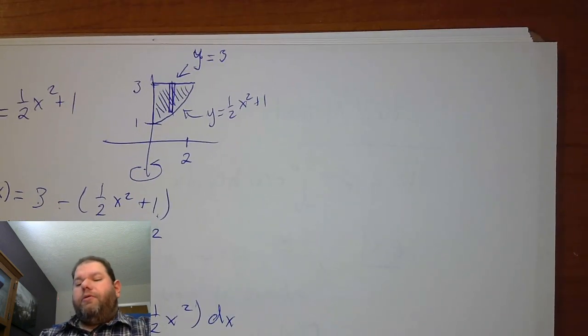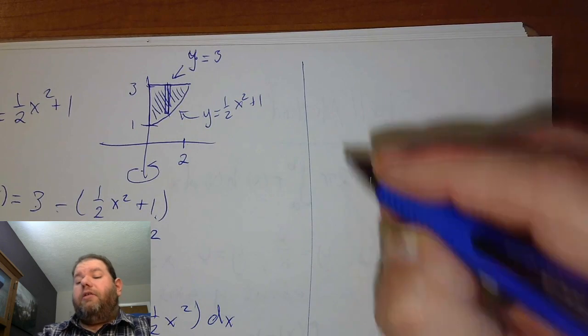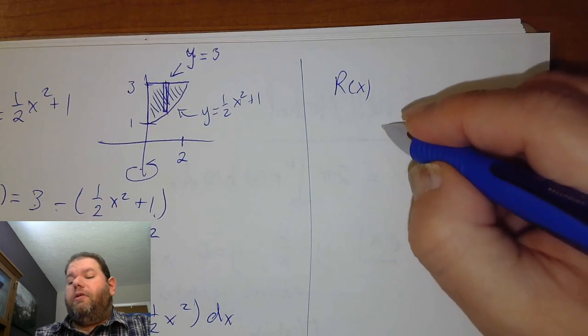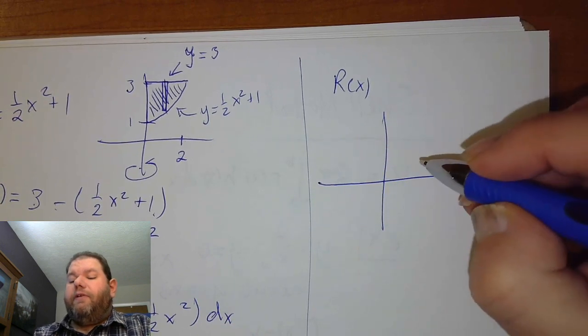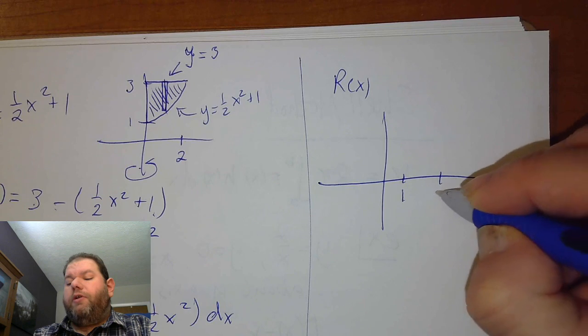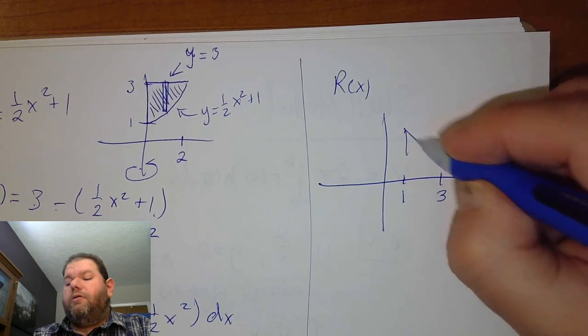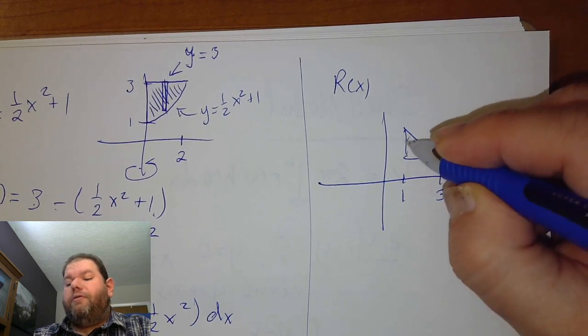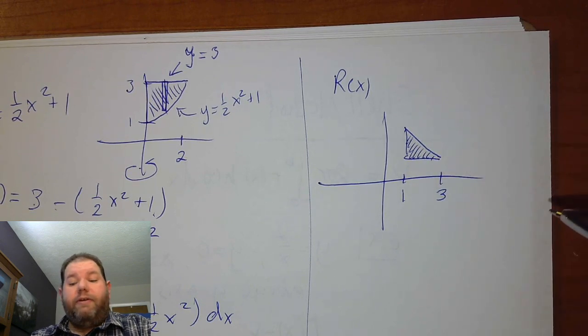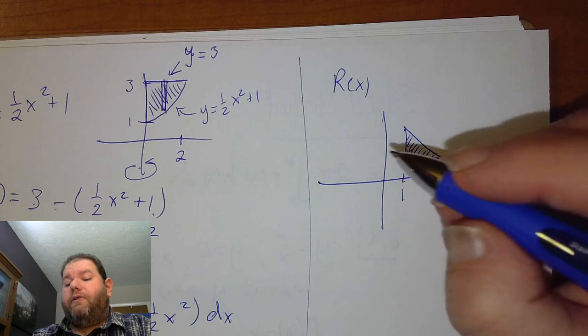Let's look a little bit more at this r of x value. For instance, we have a shaded region right here between 1 and 3, and maybe it's just a triangle. But we have some different axes that we want to revolve it about.